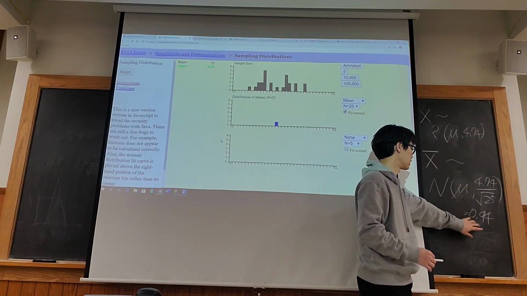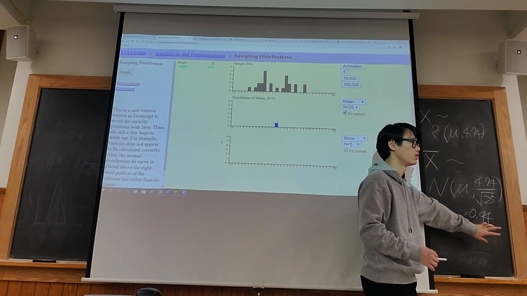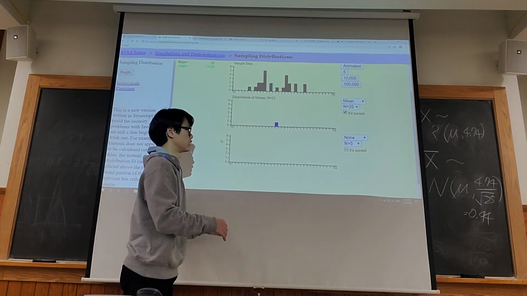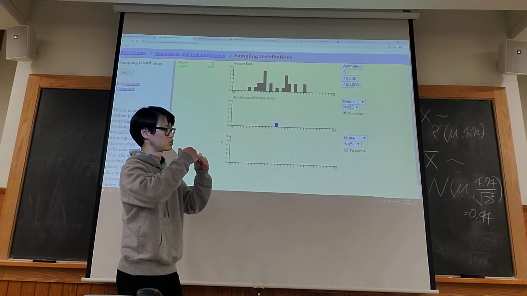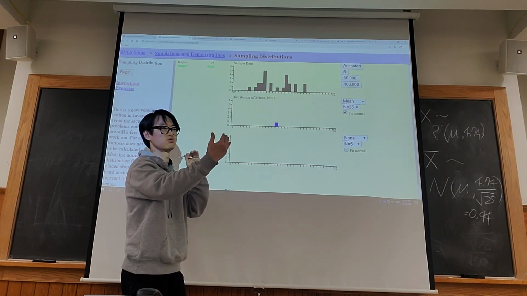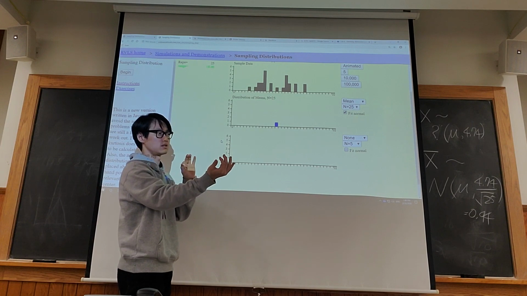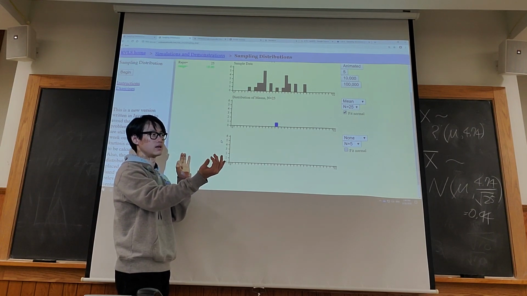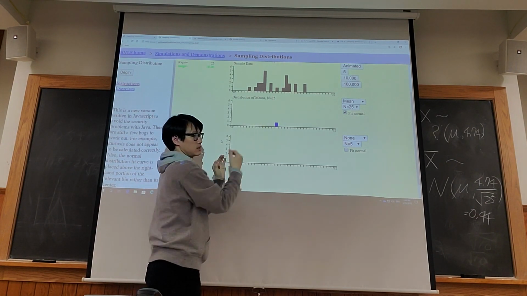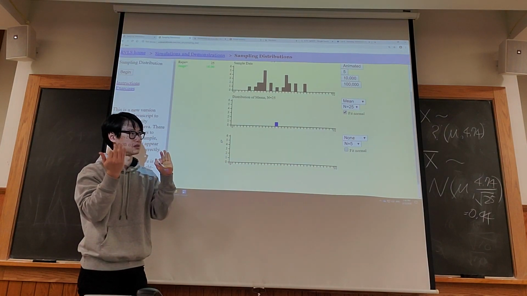And then the standard deviation is 0.94, which means if I take the two standard deviation range from its mean, it will capture 95% of the data, right? I mean, like 95% of the blue boxes.